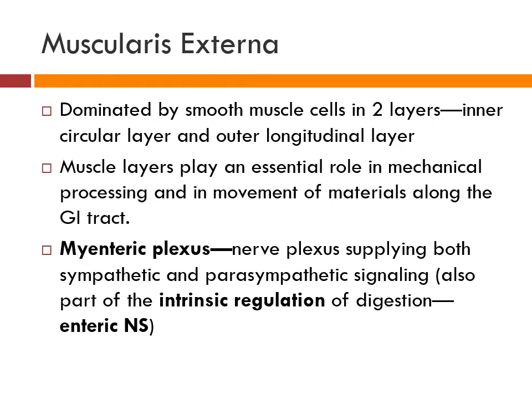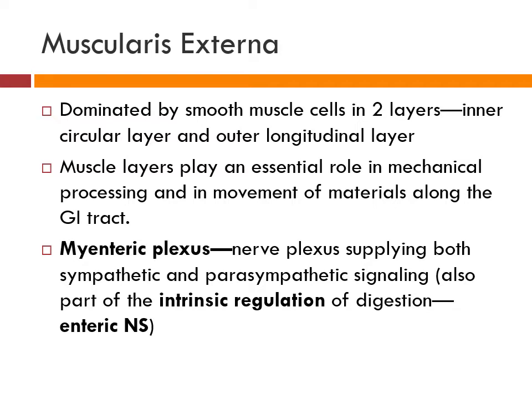The muscularis externa is dominated by smooth muscle cells, and we have two layers, and you'll find this throughout the digestive tract. The inner layer is a circular layer, so it's encircling the small intestine or the large intestine.